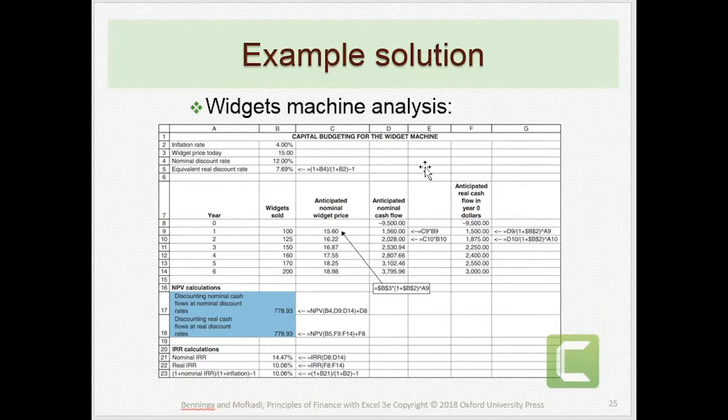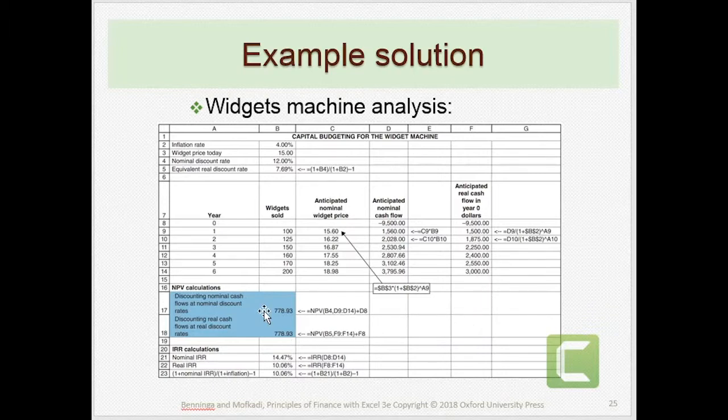This is D9, right? The real number that we generate divided by 1 plus B2, the inflation rate, raised to the number of periods. So we see that here we have the anticipated nominal cash flow, and here we have the anticipated real cash flow in year 0 dollars.